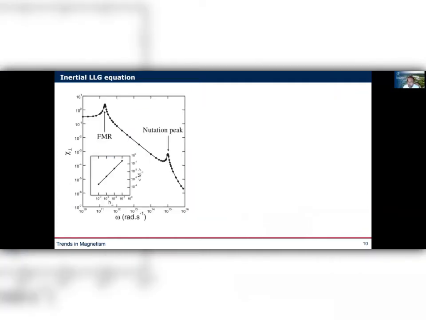Since we were not able to notice it before, it had to be a tau which led to nutation at a much higher frequency than the FMR. Because we detected the FMR, if there had been a slower nutation, we would have seen it. But if the nutation happens at a much higher frequency, we may have missed it, because doing spectroscopy in the picosecond femtosecond regime is a bit more peculiar.